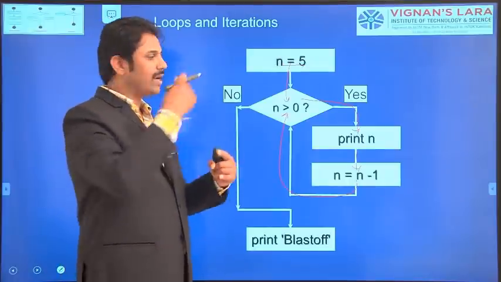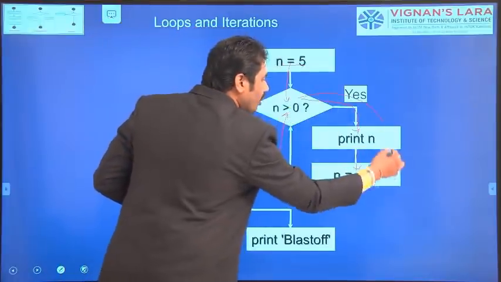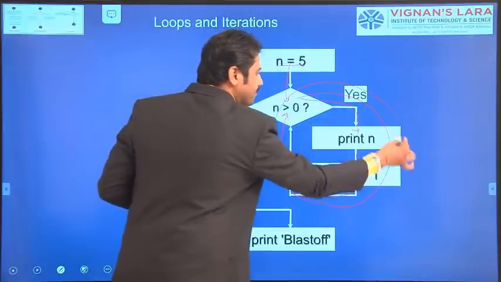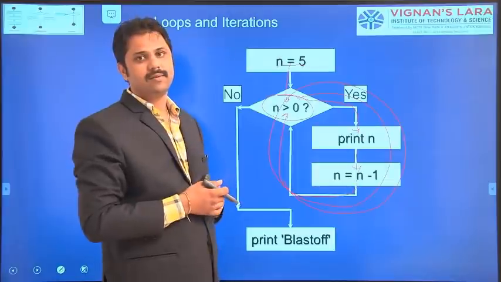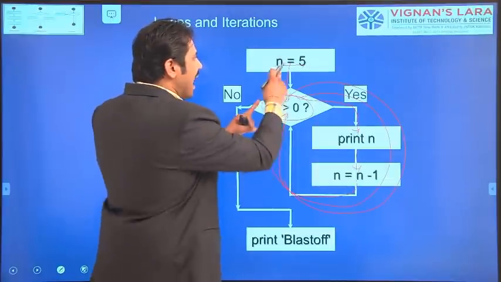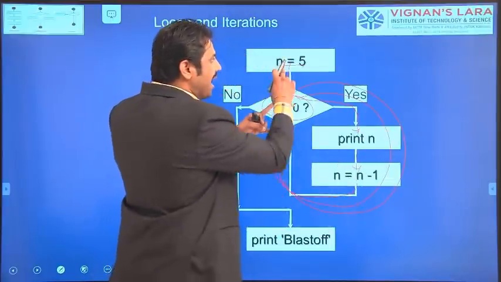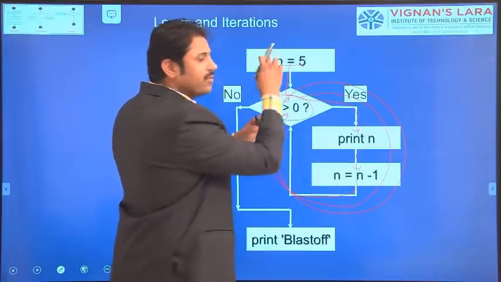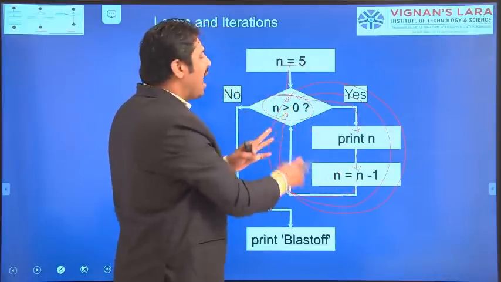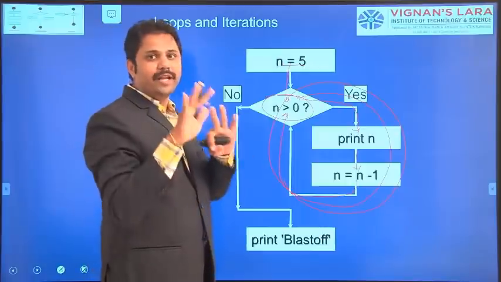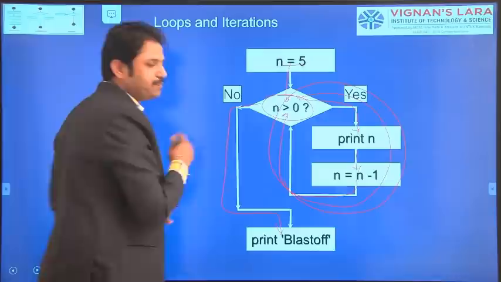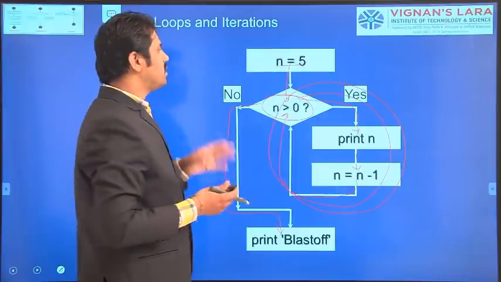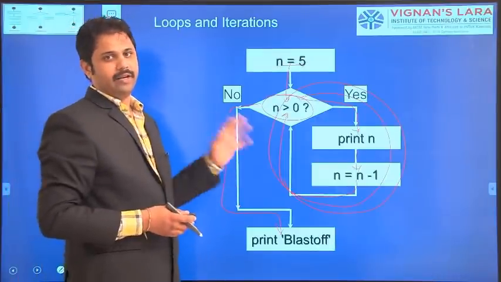This loop is repeated continuously until this condition fails. That means n equals 5 repeats, n equals 4 repeats, 3, 2, 1, up to 0. If it is 0, it comes back and prints this statement. So this is the while loop iteration.